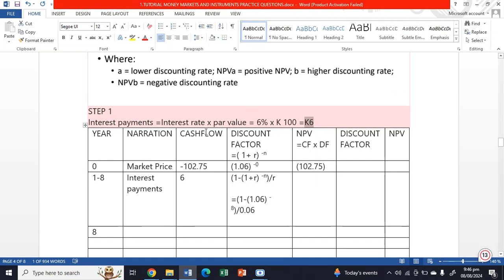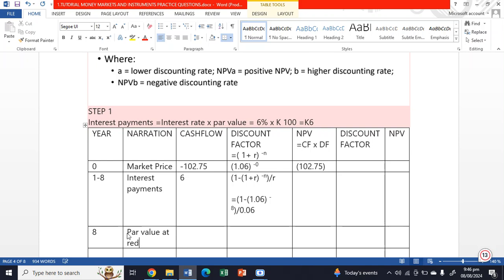Okay, 6 kwacha interest payments. And at the end of year 8, the bond matures, and you get paid the par value, which is 100 kwacha.